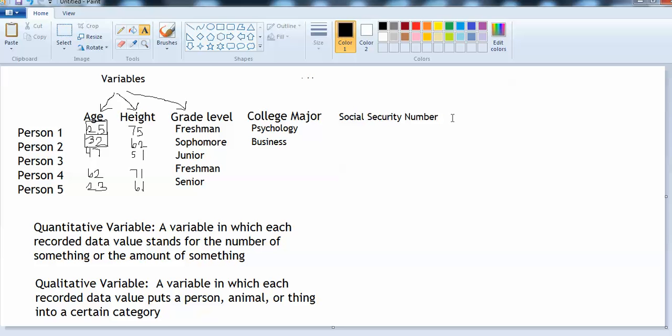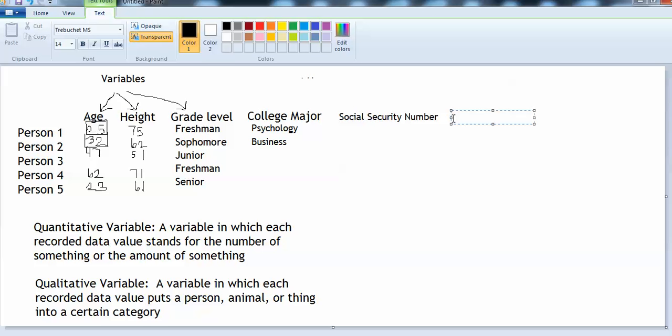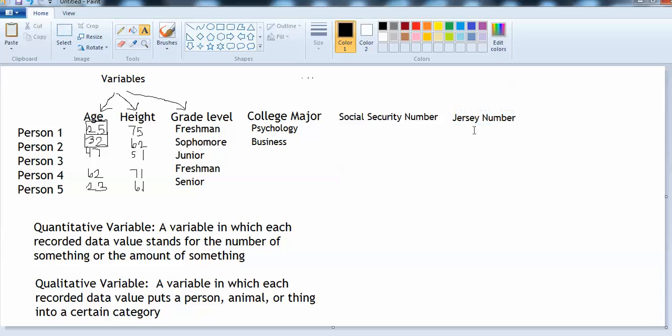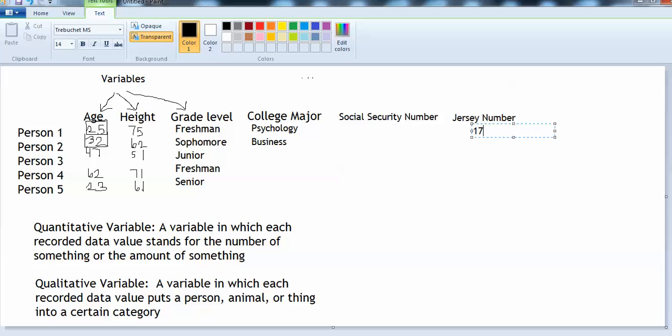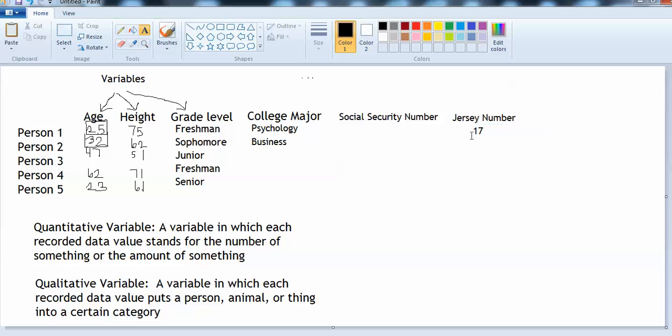What if we were collecting data from sports players and we asked, what's your jersey number? If a person tells us that their jersey number is 17, that's not the amount of anything.